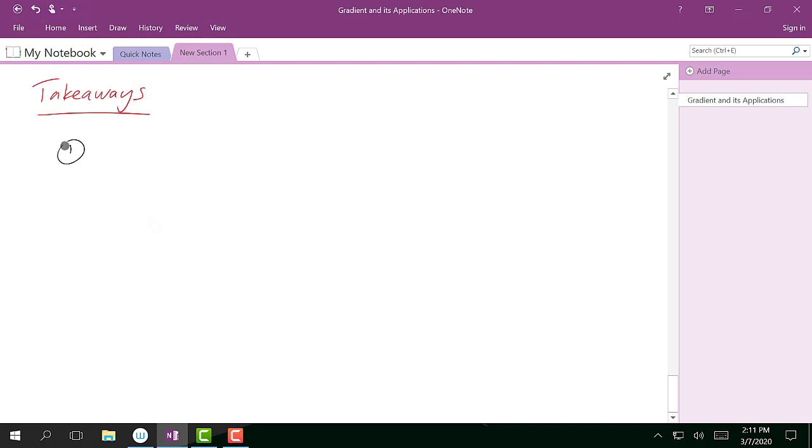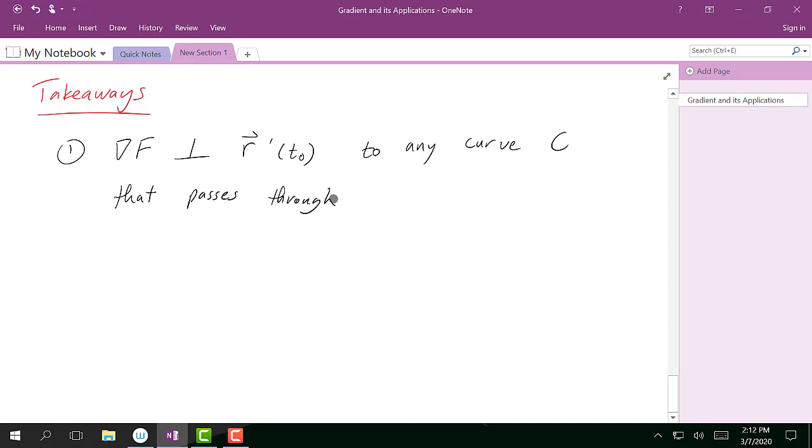My first takeaway is going to be that the gradient of capital F is orthogonal to the tangent vector at the point t naught to any curve C that passes through P on the surface S.